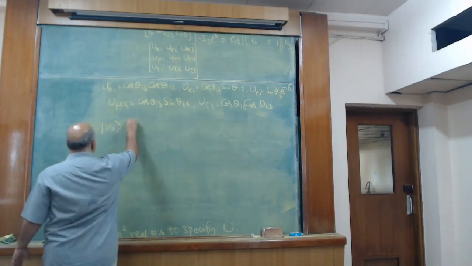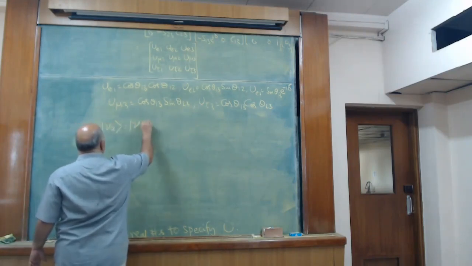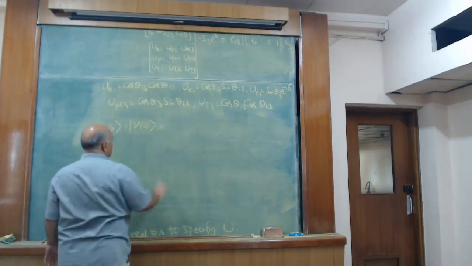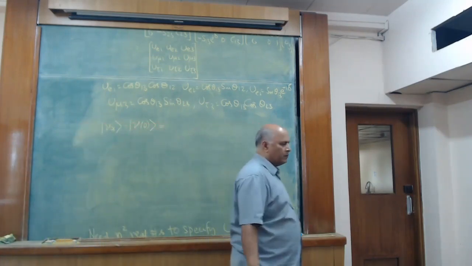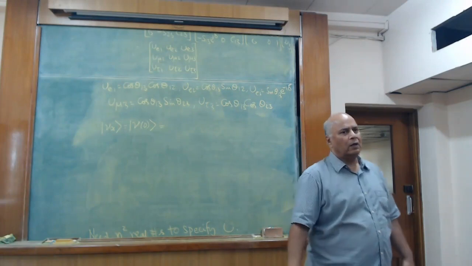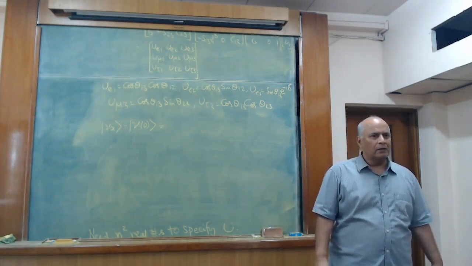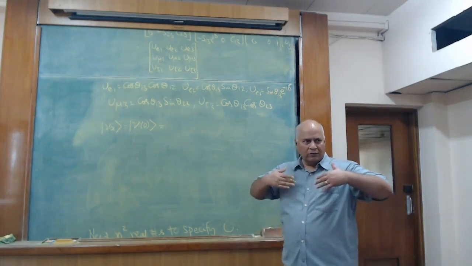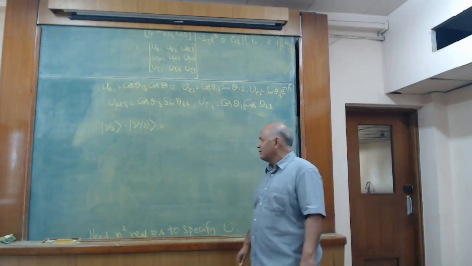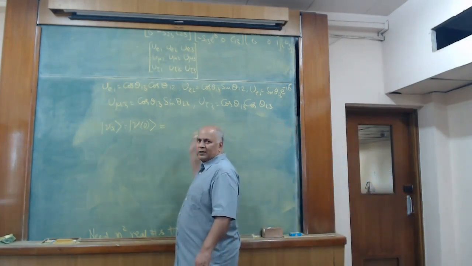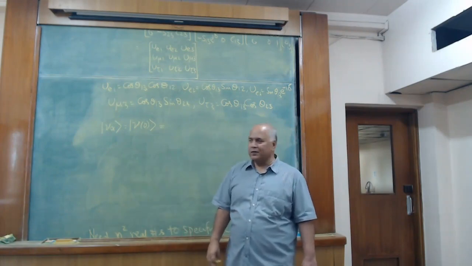So this is the neutrino at time t equal to 0. But by assumption, this state is not a mass eigenstate. The free particle eigenstates are the mass eigenstates. So I should expand it as a linear combination.